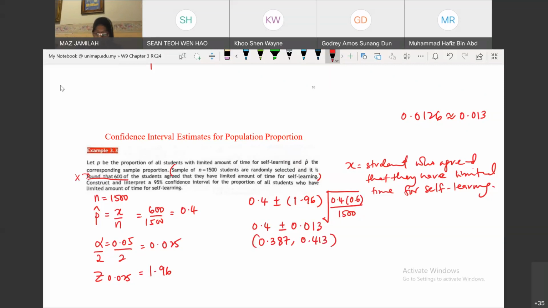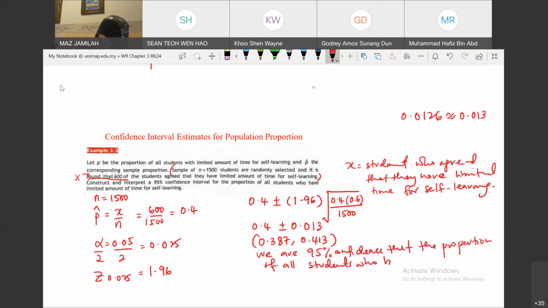So how do we interpret this? We are 95% confident that the proportion of all students who have limited amount of time for self-learning is between, you can talk using the decimal point or the percentage.